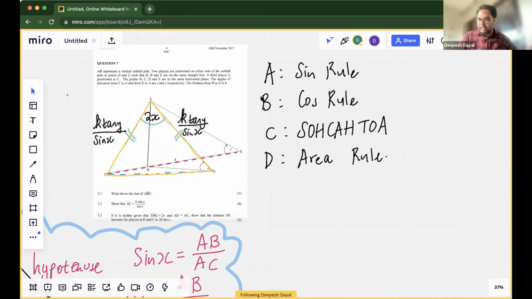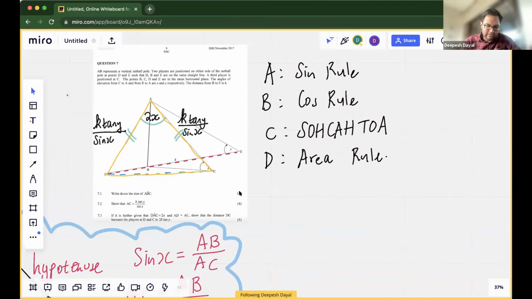Those of you that are on the live stream as well, you're welcome to provide some answers, and let me know what we can use. Okay, so we can use either sine rule, cos rule, SOHCAHTOA, or area rule. Which one are we going to be using? What do you all think?